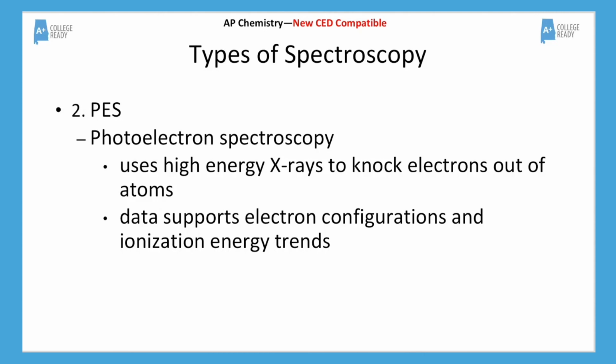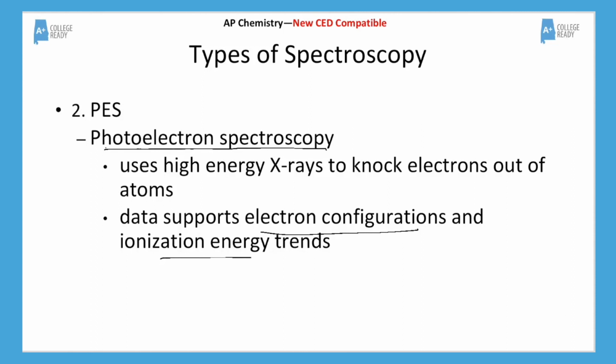Okay, PES is related to electron configurations, and when we talk about ionization energy with periodic trends, it really supports that as well. It stands for Photoelectron Spectroscopy, but it's much easier just to say PES. It's when high energy X-rays are basically knocking electrons out of the atom. And we know what energy these X-rays have.